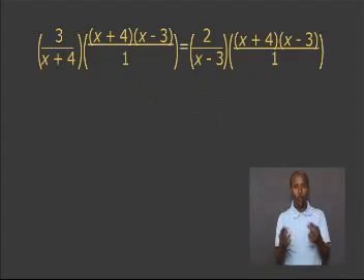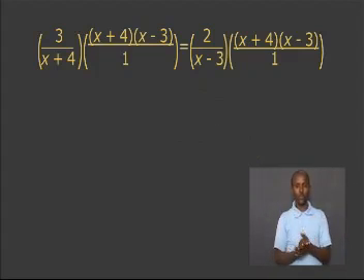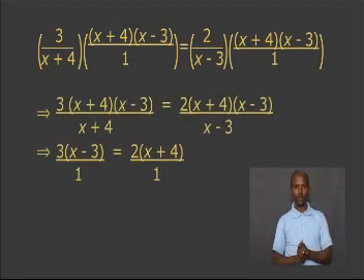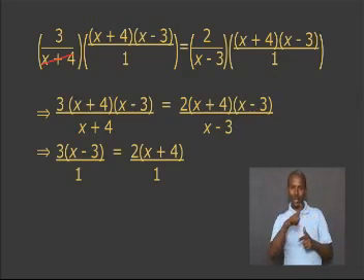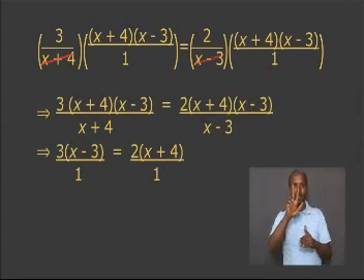Now we multiply both sides of the equation by their least common multiple. Our equation now looks like this. We can cancel x plus 4 on the left side and x minus 3 on the right side.